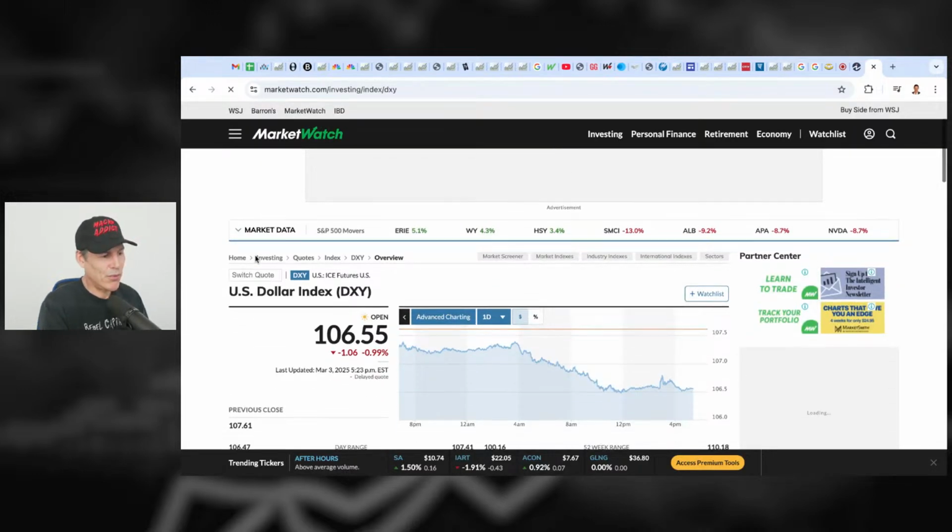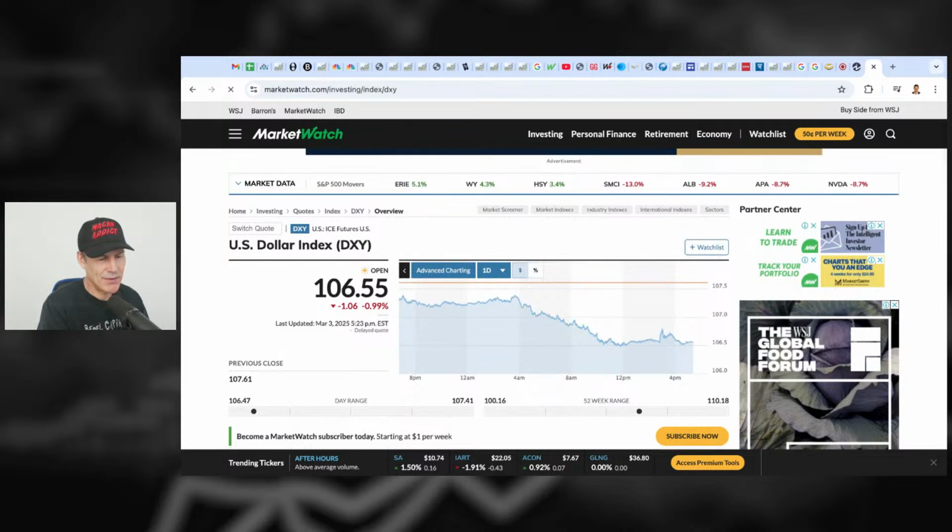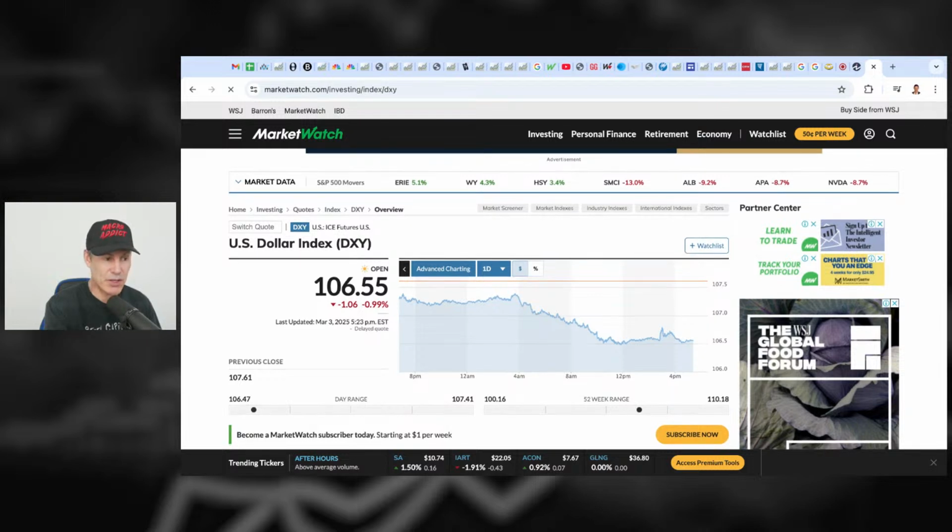It's 106.5. I don't think gold is really responding to the dollar. Maybe, but I think gold is more responding to just uncertainty. There's so much uncertainty, and the more uncertainty we get, the more people are like, look, I want something with no counterparty risk. Give me physical gold.